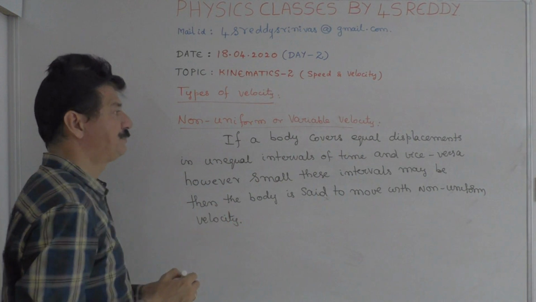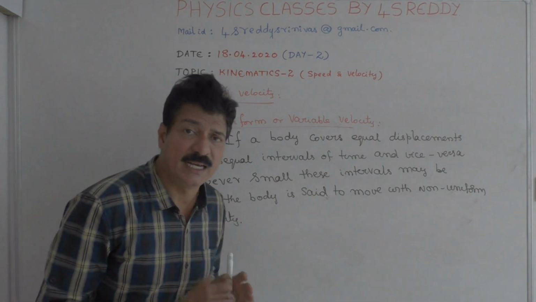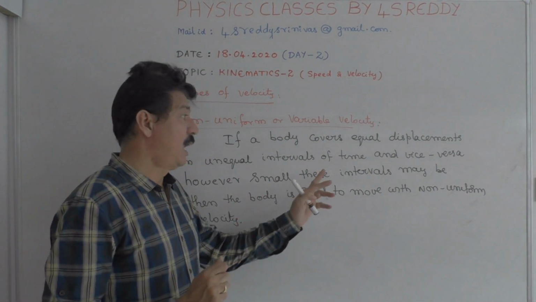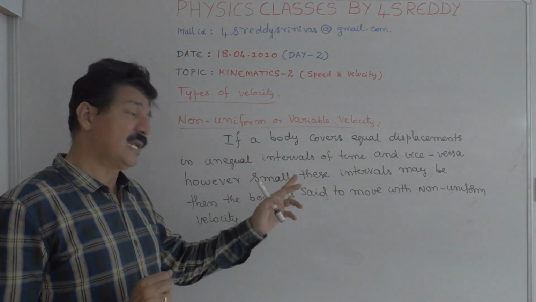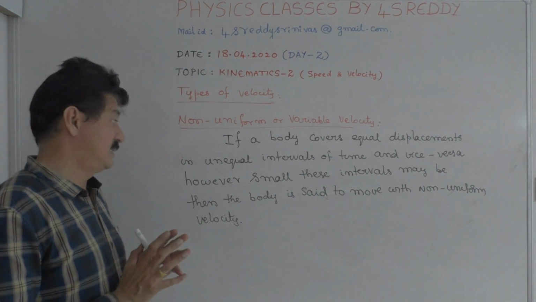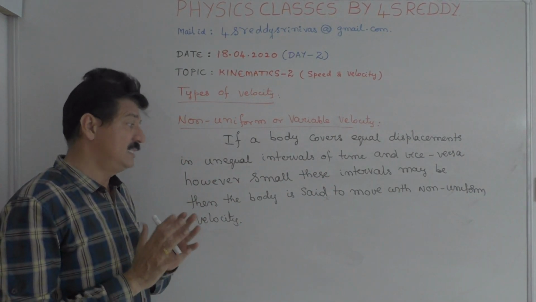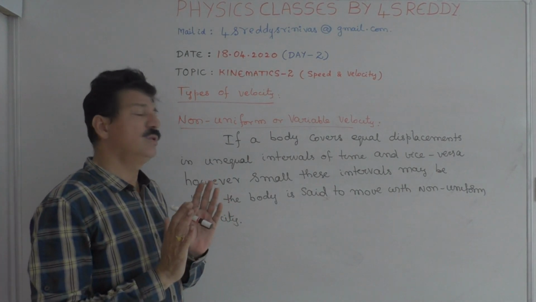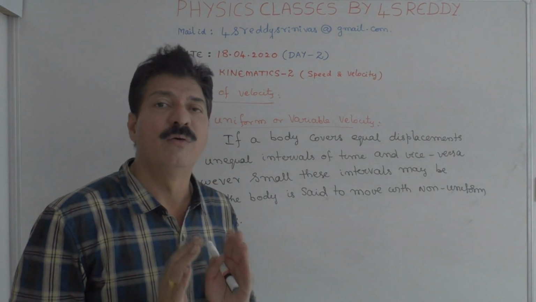Got the point here? If a body covers equal displacements in unequal intervals of time and vice versa, then the body is said to move with non-uniform or variable velocity.